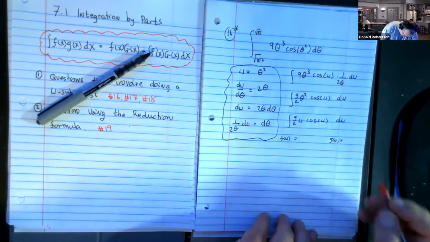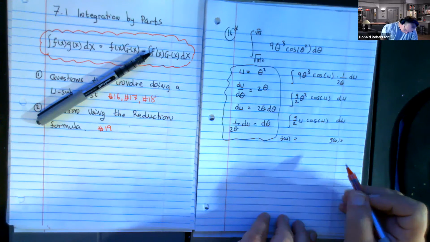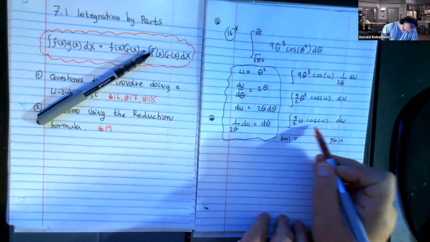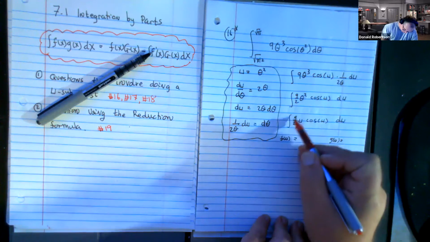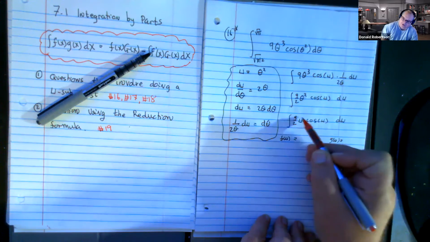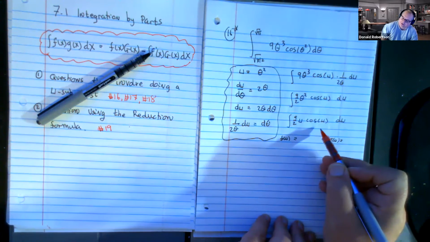Cosine. I wonder why you chose that. If I did use a cosine, then that would make this the g, wouldn't it? And if you integrate this, won't this actually go up in power? So it ends up being uglier rather than nicer.